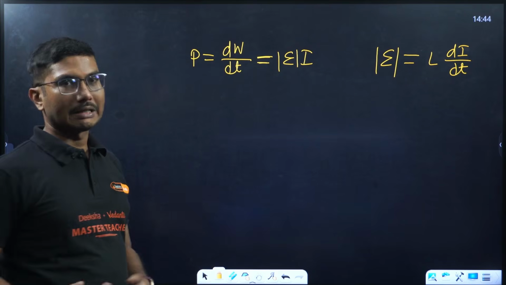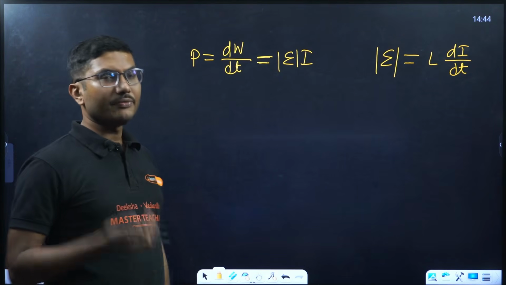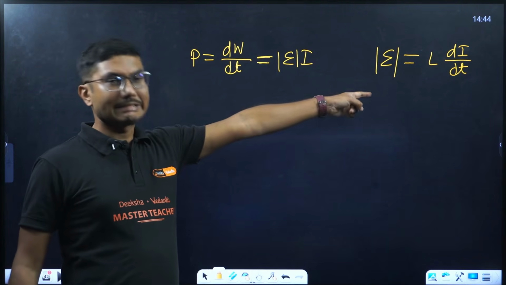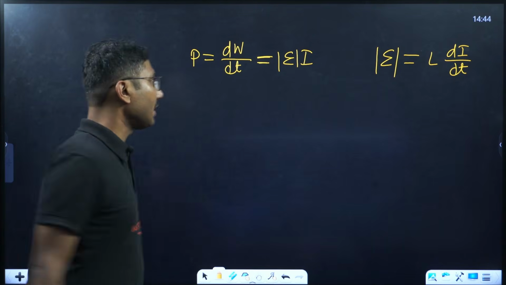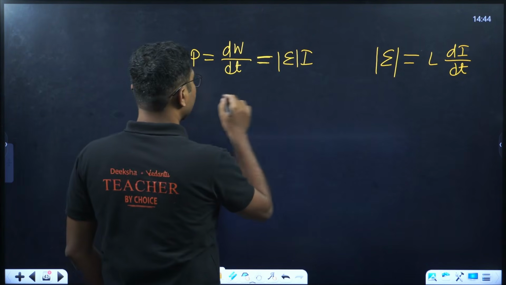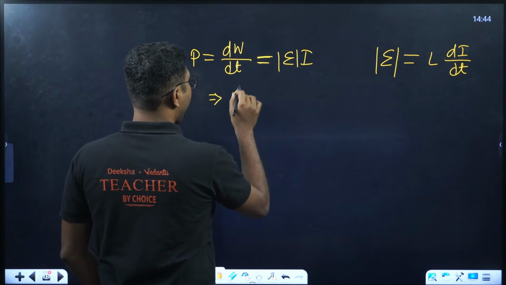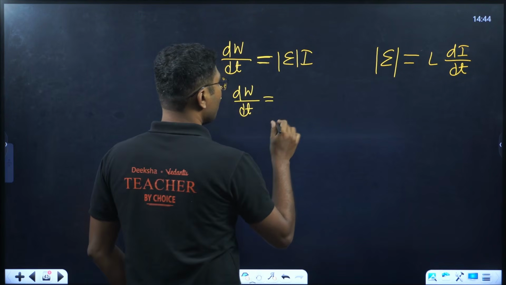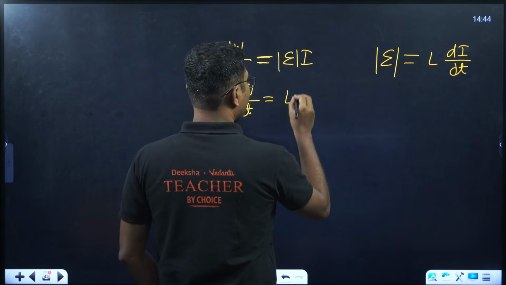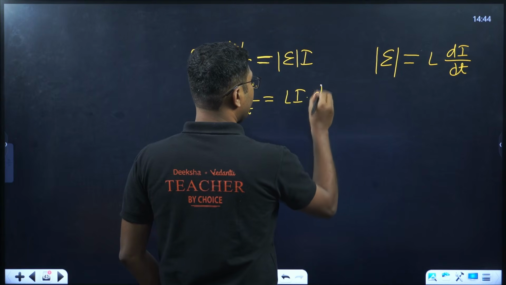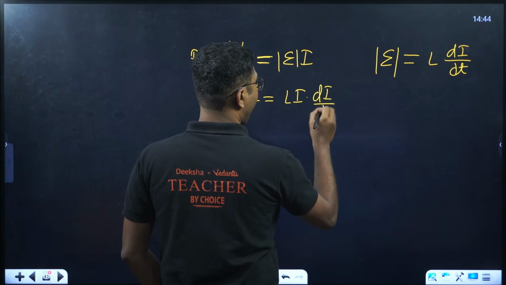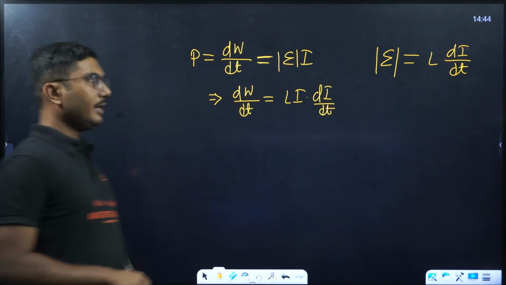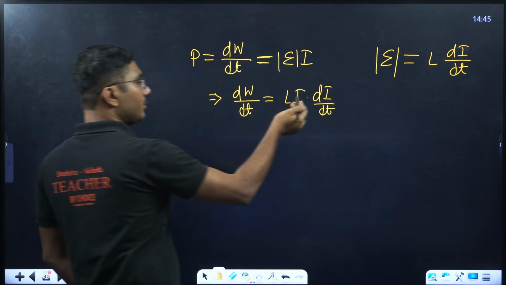So the induced EMF in an inductor depends on the inductance as well as the rate of change of current. Just put that value over here. So you get dW by dt equals L into I into dI by dt.